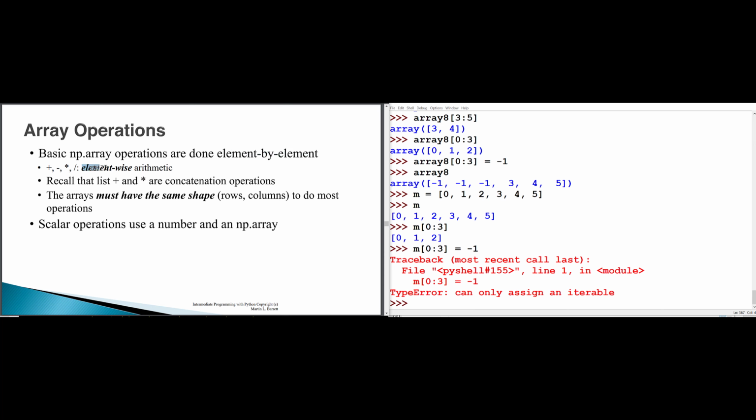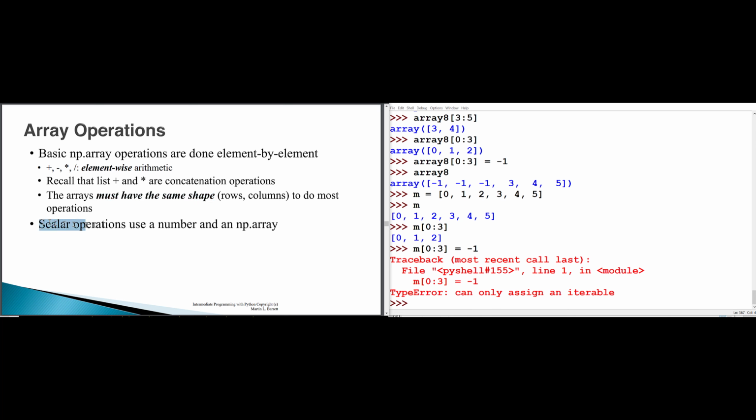Instead, what we're getting here by default is element-wise arithmetic, and the arrays involved have to have the same shape as each other. That is, they have to have the same number of rows and columns. If you want to add two arrays together, they have to have the same shape, and if you want to multiply two arrays together in this element-wise arithmetic, they have to have the same shape, and so on.